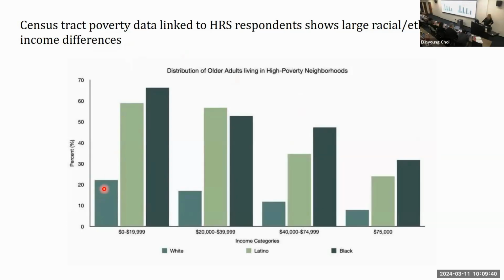And maybe not surprisingly, even the lowest income white adults, not as many of them lived in a high poverty neighborhood as even the highest income Black adults in the Health and Retirement Study. This is partly explained by some regional and MSA differences, but not entirely. And this really reflects this really long, pernicious history of racial residential segregation in the country.